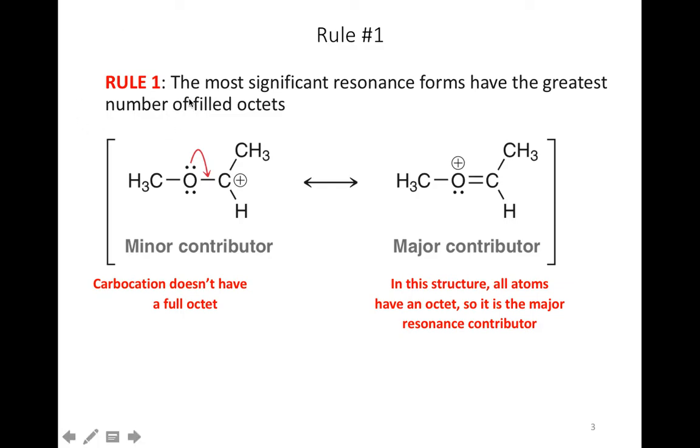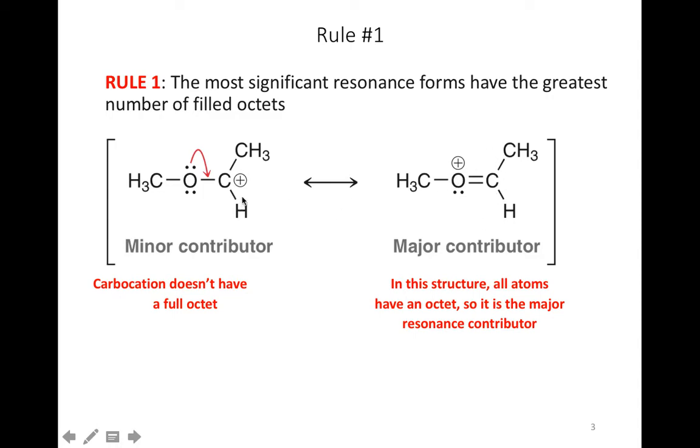So when I compare the two resonance structures for this molecule, in the one on the left, this carbon does not have a complete octet, and in this one, it does. And so the one on the right, we would expect to be the major contributor, right? And this might be a little bit surprising.